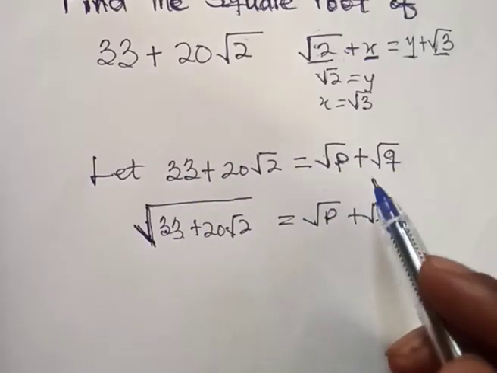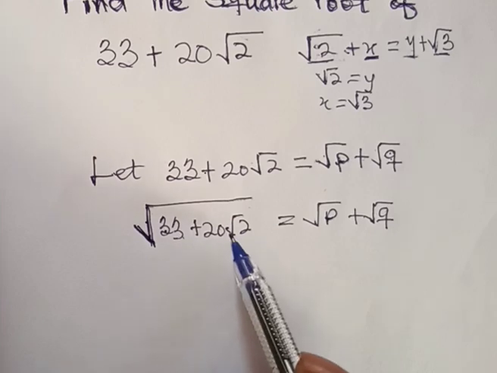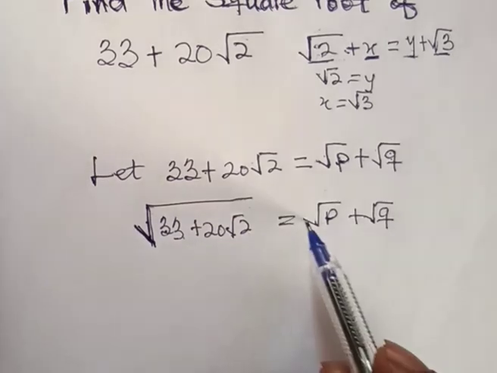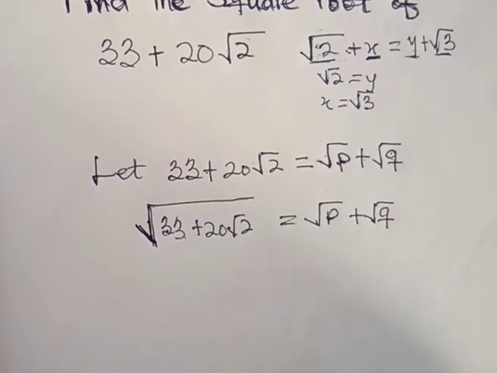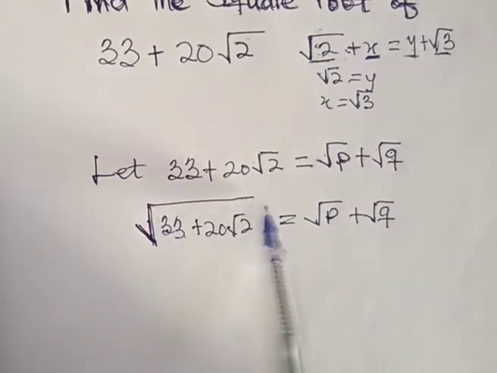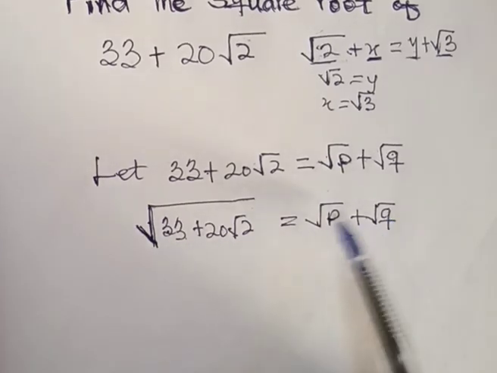So the entire square root of 33 plus 20 root 2 should be equal to the square root of P plus the square root of Q. That's what the question is saying. We should find the square root of this, but how do we find it? We have to let it be equal to this.